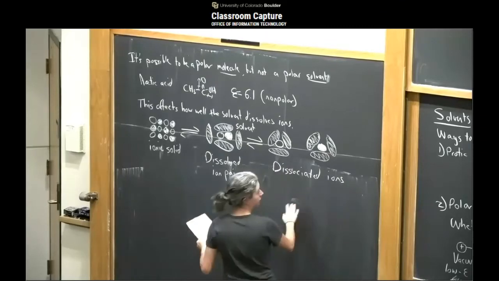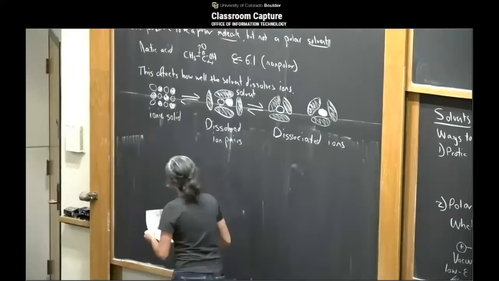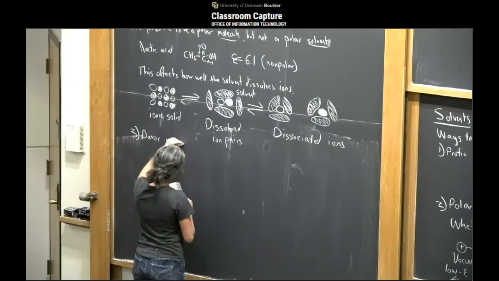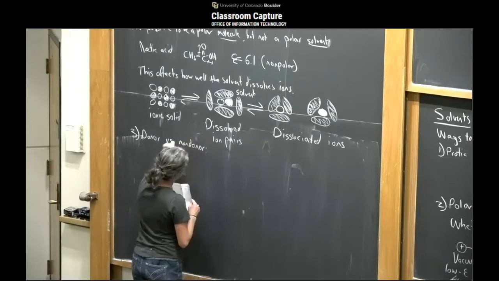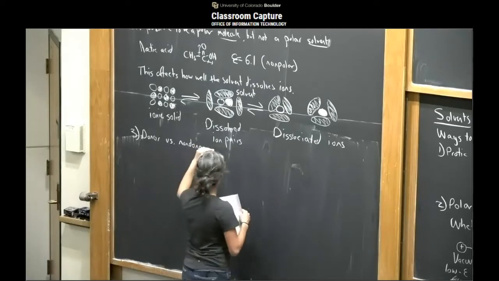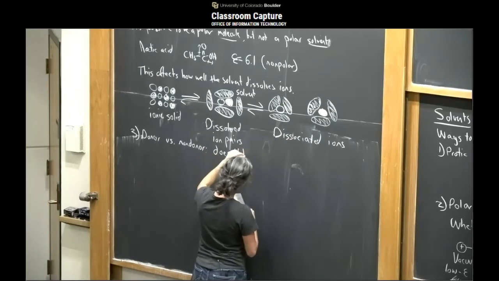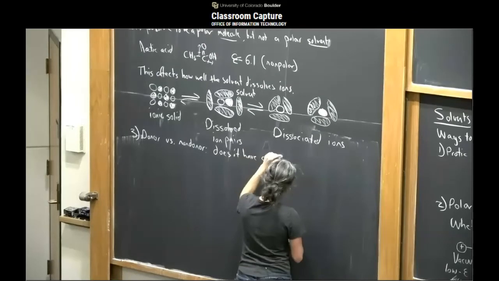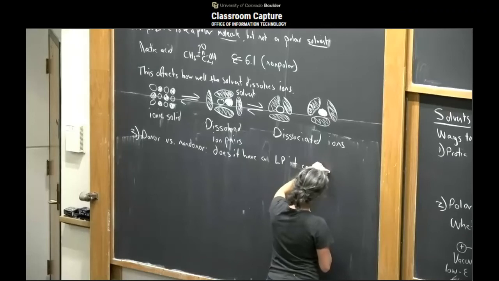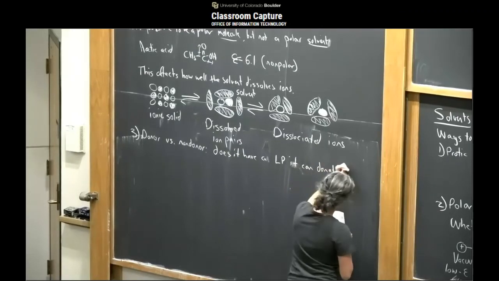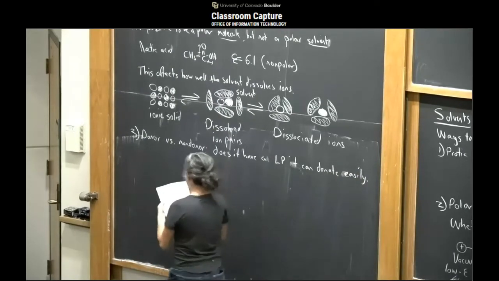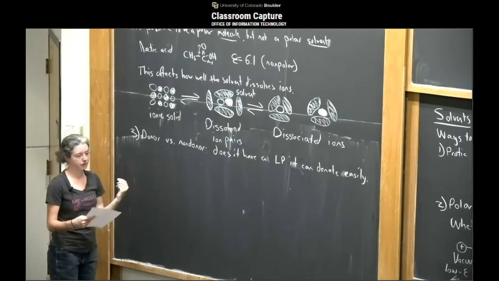One last thing in the last couple minutes that I have left is donor versus non-donor. This is basically just, does it have a lone pair that it can donate easily? Anything with an oxygen in it is going to be a donor.